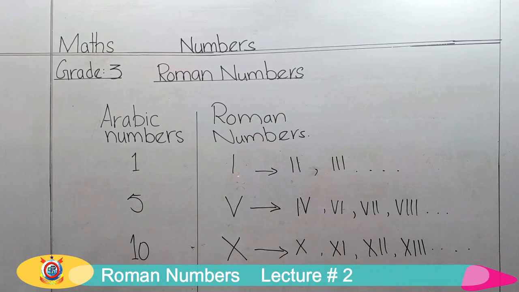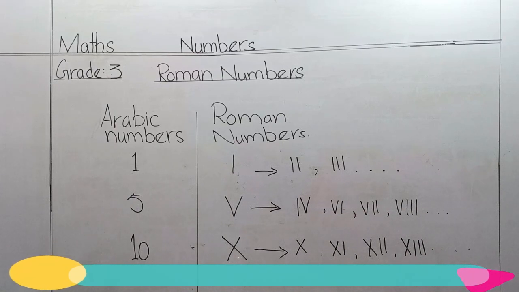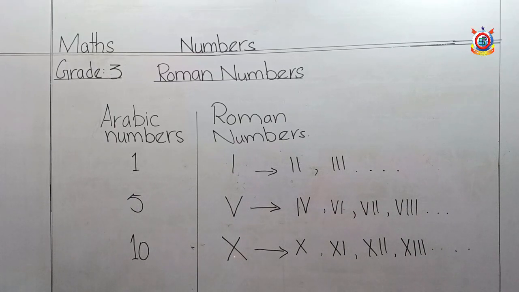This Roman number 1 creates 2 and then 3 and other numbers. This basic number 5 creates 4, then 6, then 7, 8 and other numbers. This is the basic number 10.